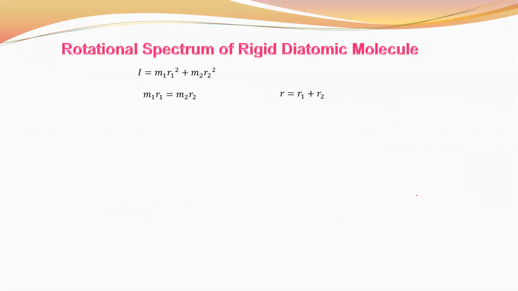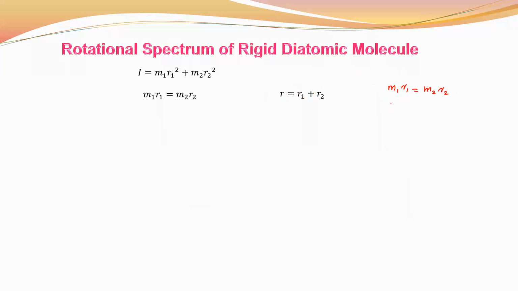Okay, then using m1 r1 is equal to m2 r2 and r is equal to r1 plus r2, we have to obtain an expression for r1 in terms of masses and bond length. We express r2 in terms of r and r1.